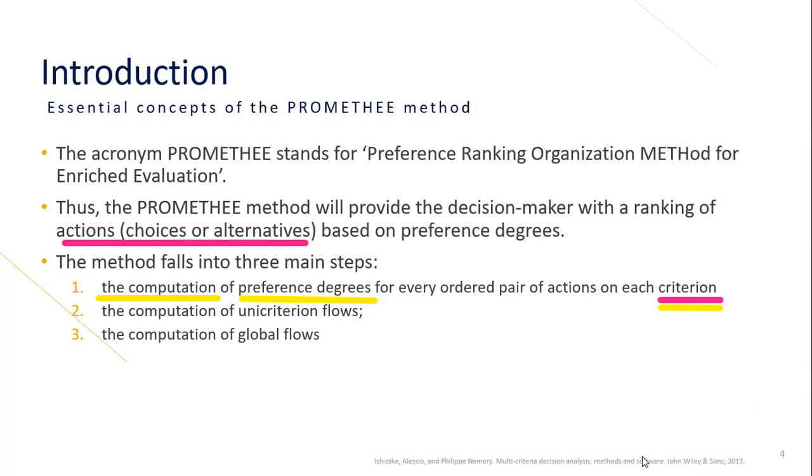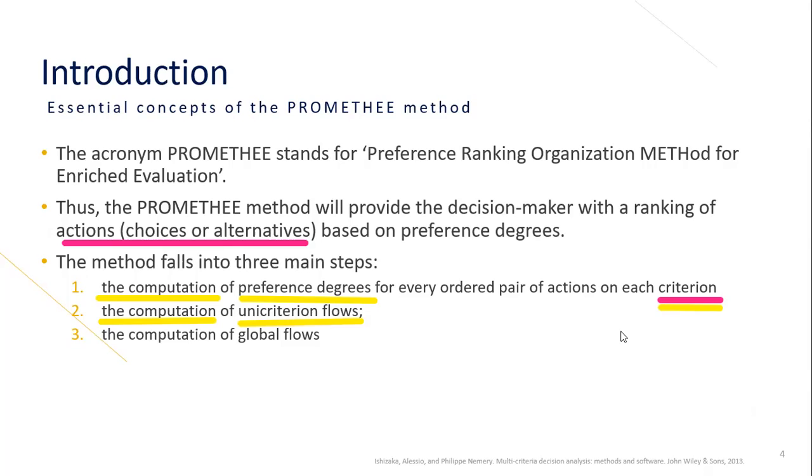Those make up the first step of Promethee: computing preference degree for each pair of actions on each criterion. And then the second step is to compute something called Unicriterion flows.